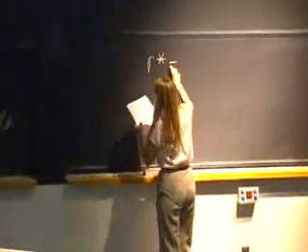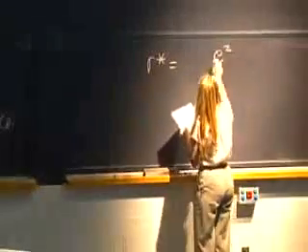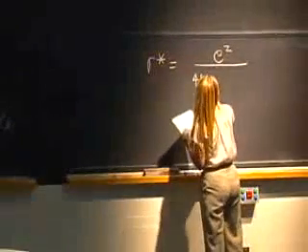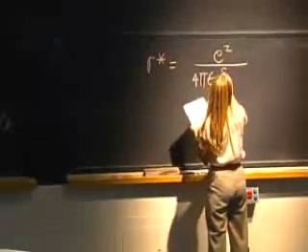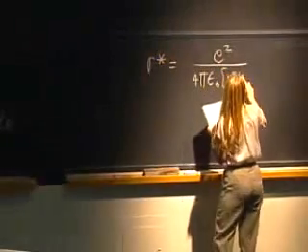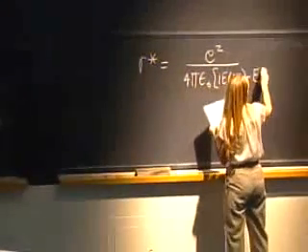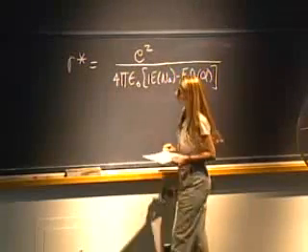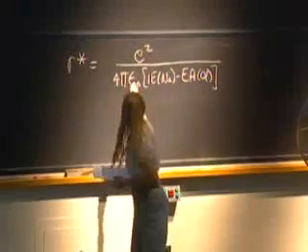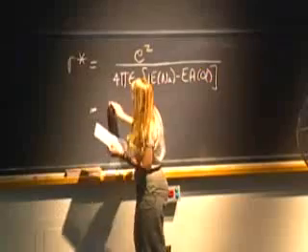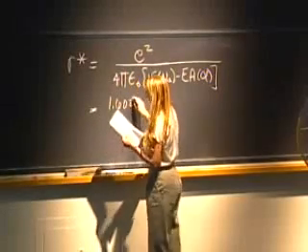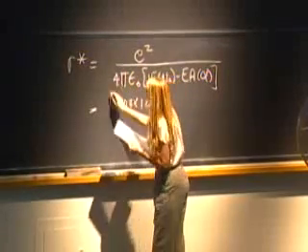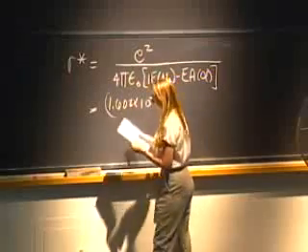If I rearrange that equation, R star is equal to e squared over 4 pi epsilon naught times the ionization energy of sodium minus the electron affinity of chlorine. I know what e is: it's 1.602 times 10 to the minus 19 coulombs, squared.